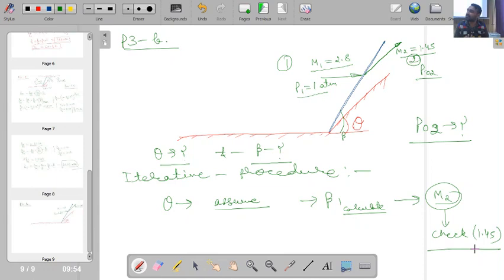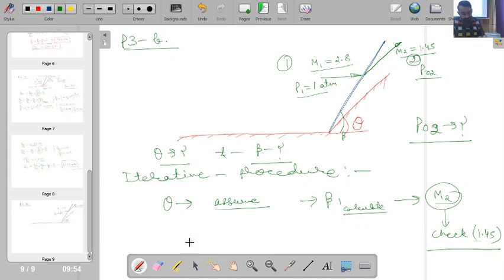Are you understanding this point? And depending upon this difference from 1.45, we will try to modify our guess. Have you understood this point?